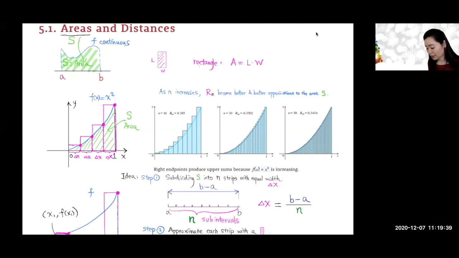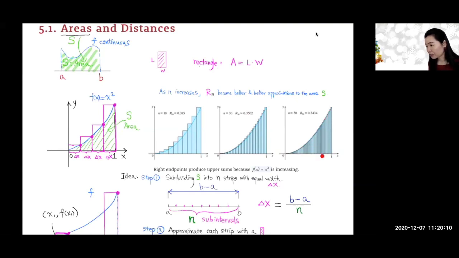Now I decrease delta x more. I get more rectangles, and the sum of those will be a better approximation. Then I divide this interval into even more subintervals with equal width, so delta x is even smaller. It looks like the sum of those rectangles is getting very close to the area under the curve.